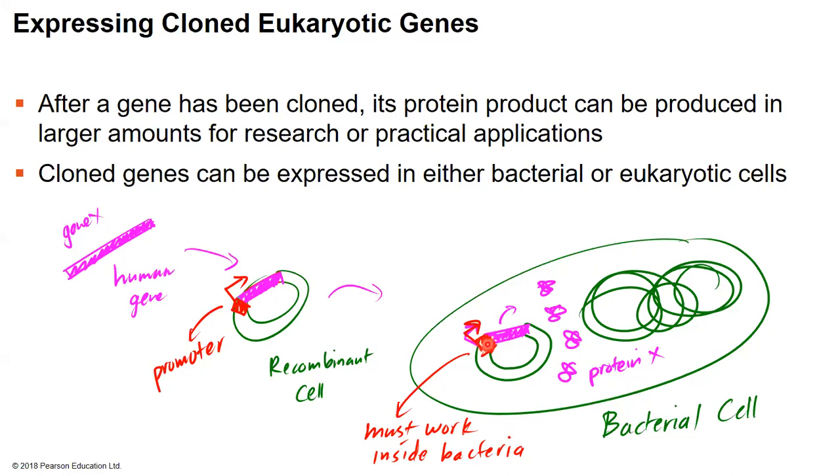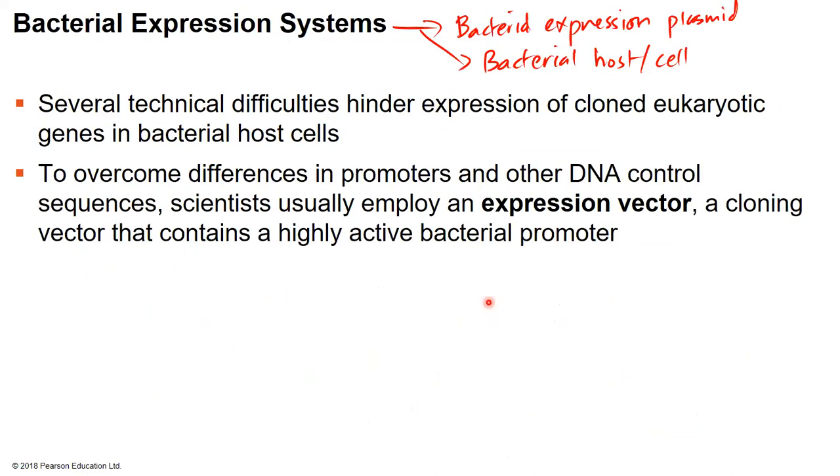So we have to choose a promoter that we are 100% sure will work inside the bacteria. Okay. So a bacterial expression plasmid or bacterial expression vector. Plasmids are types of vectors.